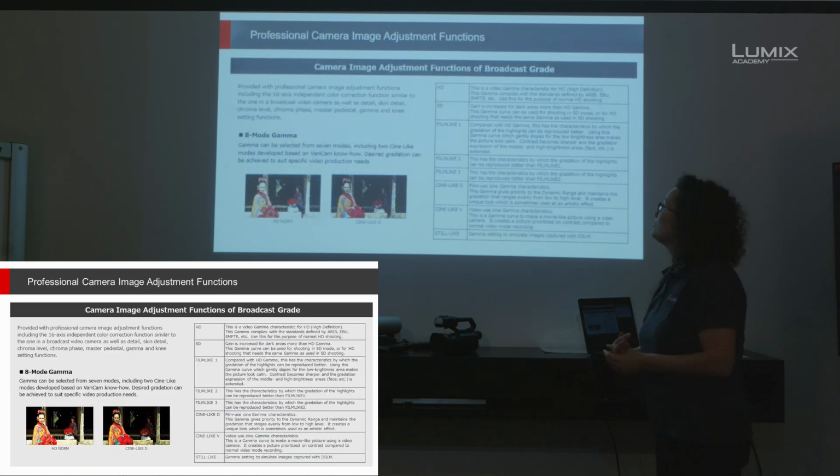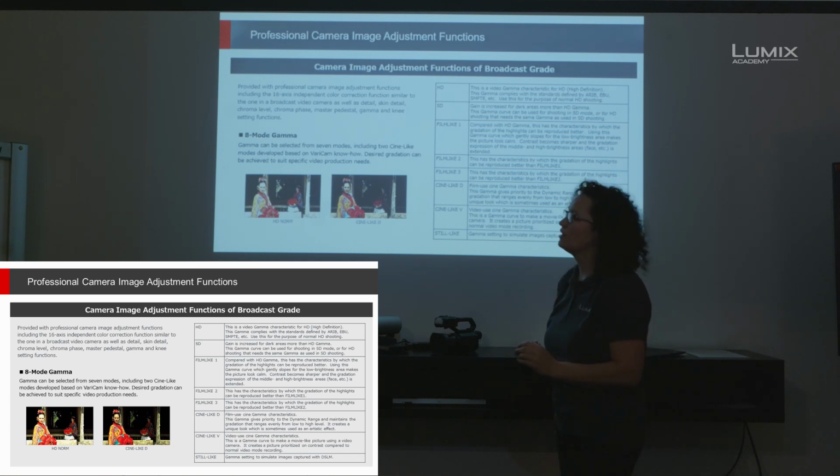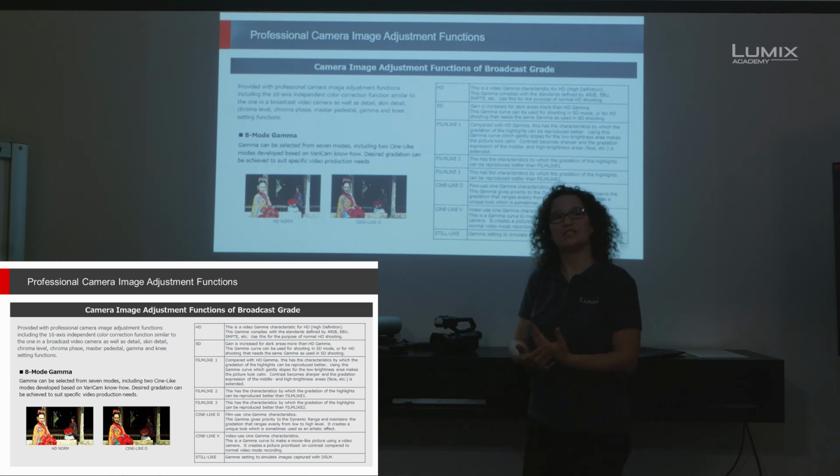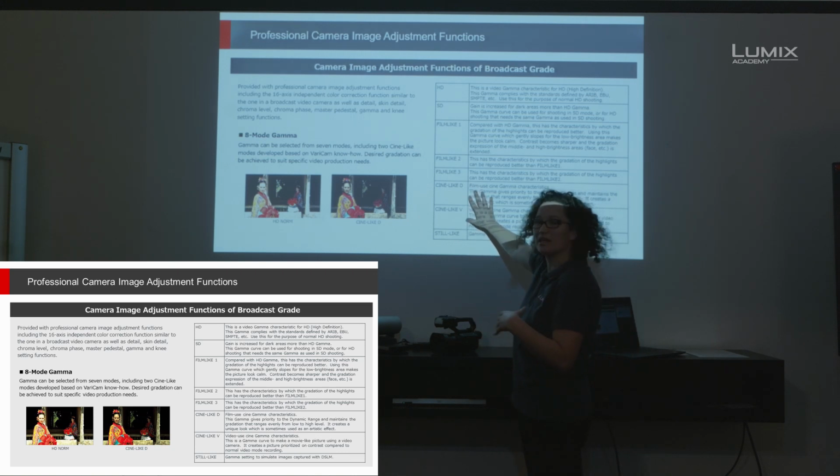Okay, here we come to the color adjustment in terms of grading, so the interpretation, the look that your footage would have. You have different kinds of tastes. For example, you have cine-like looks that are derived from the cinema look. It's an industry standard. It's not something that we programmed.